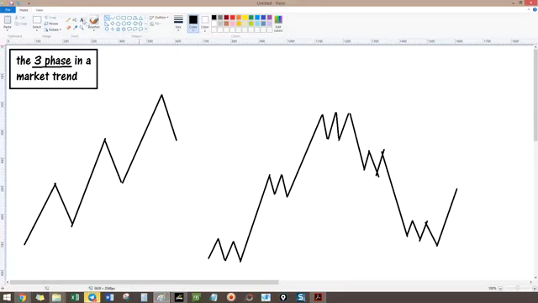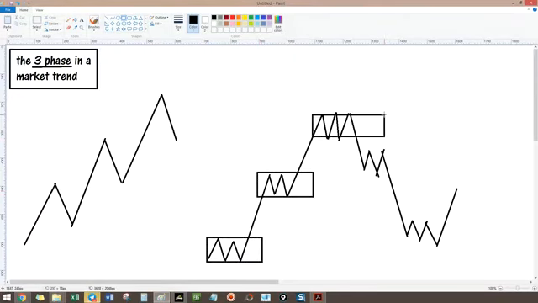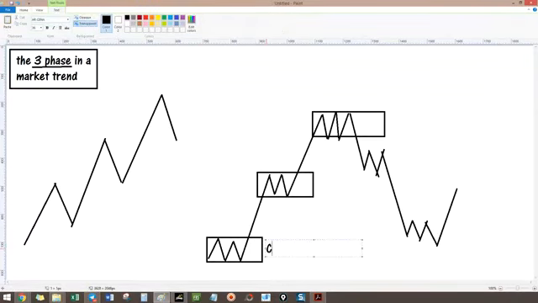All right, so let me highlight this first. You got three phases, 1 to 3. Over here you will have consolidation. Over here you will have participation.